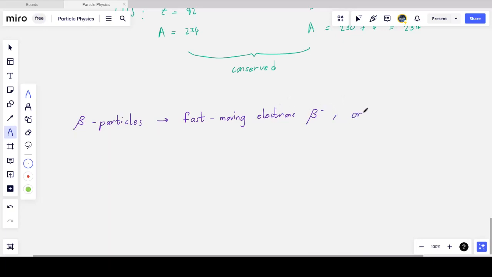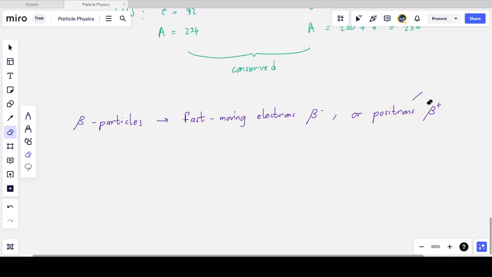They could also be the antiparticles of electrons. We'll talk more about antiparticles later on, but basically an antiparticle of any matter particle has the same mass but the opposite charge.